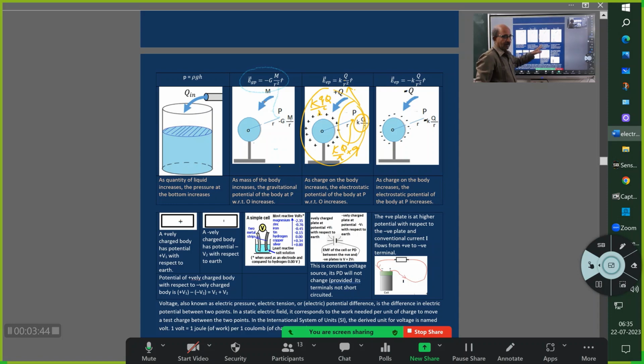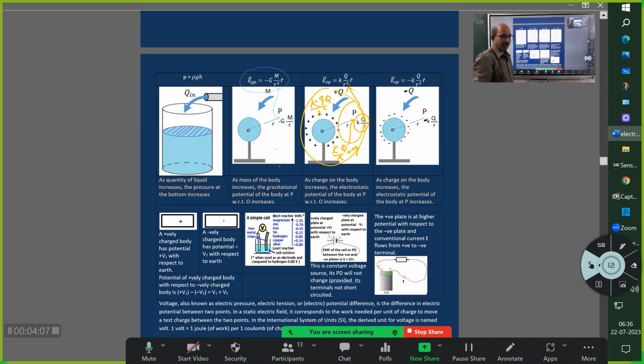See, now the electric field is there. Here there is already an electric field in this region. At this point, if you want to know the electric field, then you have to use this formula.